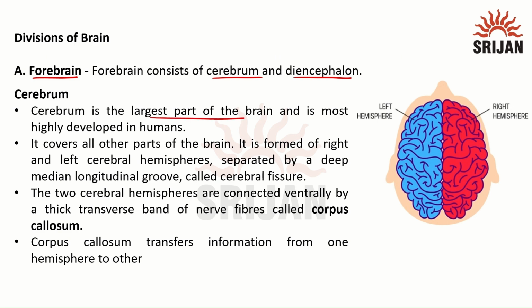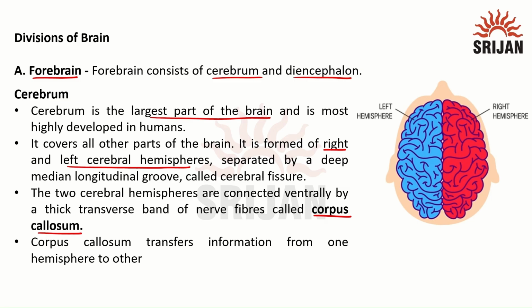Cerebrum is the largest part of the brain and is the most highly developed structure in humans. It covers all other parts of the brain and it is formed of two hemispheres known as the right and left cerebral hemispheres. Even though they are separated, they are connected by a structure known as the corpus callosum.